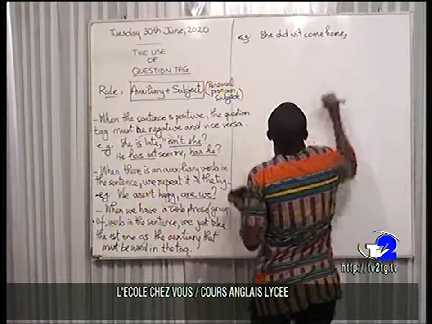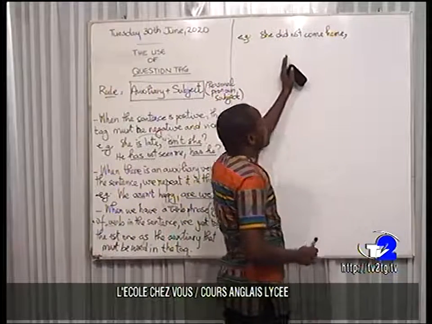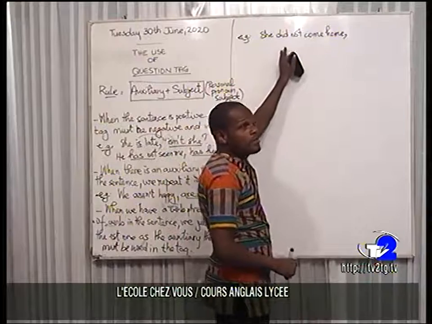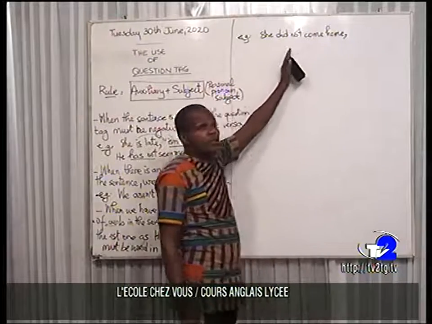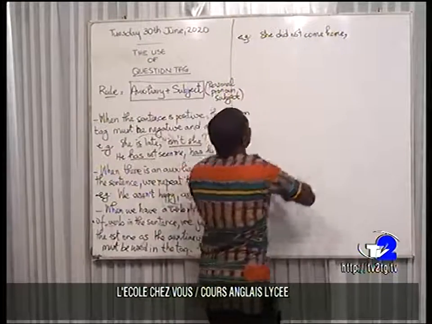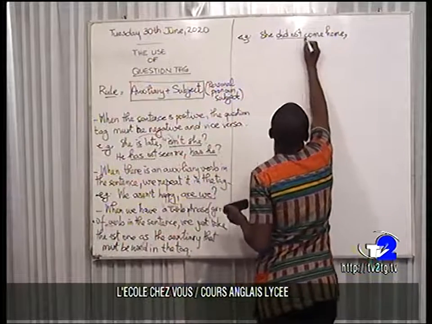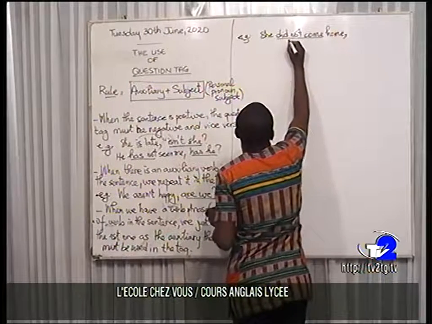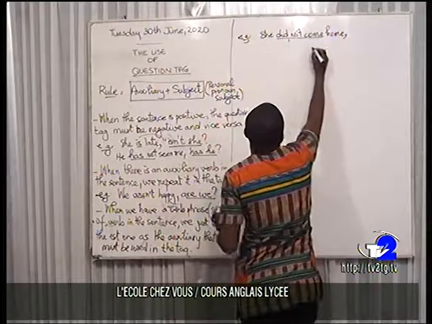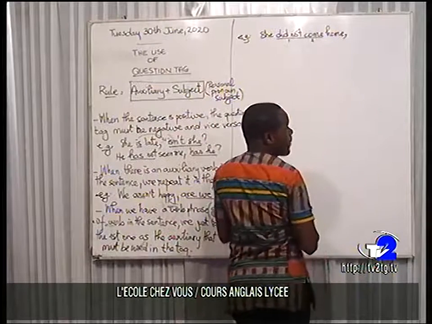This is a sentence, and you are asked to use the suitable question tag. How many verbs do we have? We have two verbs: did, which is the first verb, and come, which is the second one.